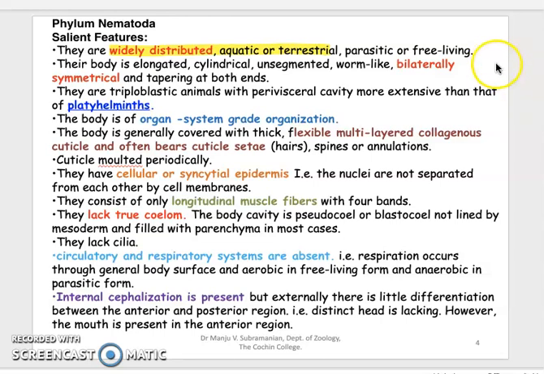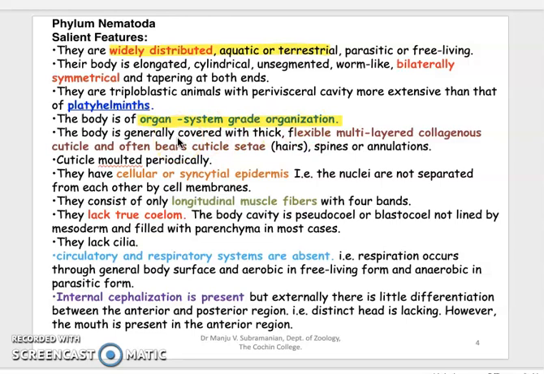They are triploblastic animals, that is, three layers are there, with a perivisceral cavity more extensive than that of the Platyhelminthes. So the cavity inside the animal will be more prominent in this phylum Nematoda. Then they have an organ grade of organization.